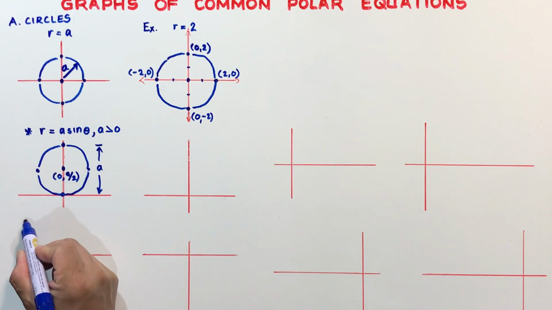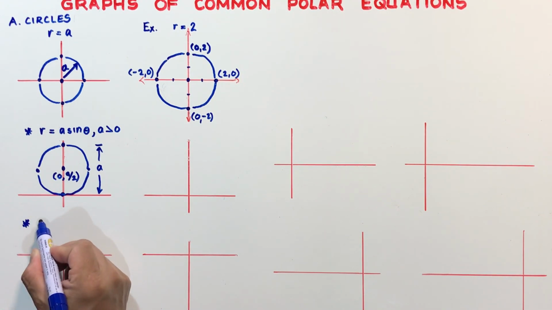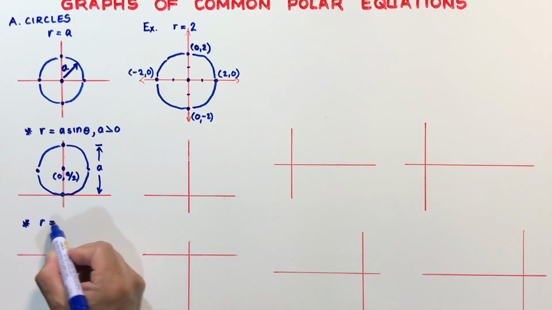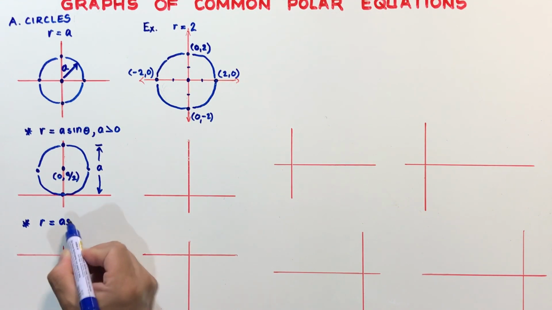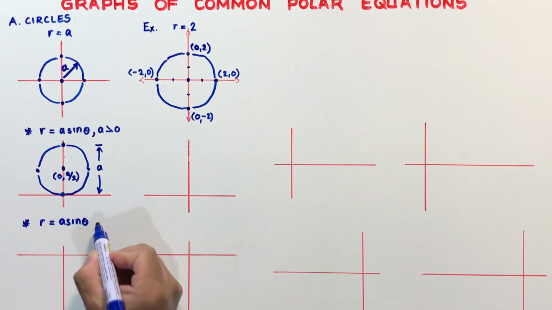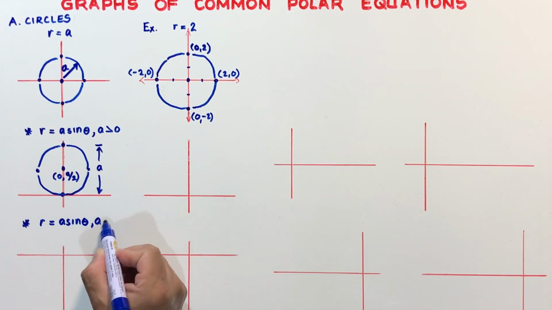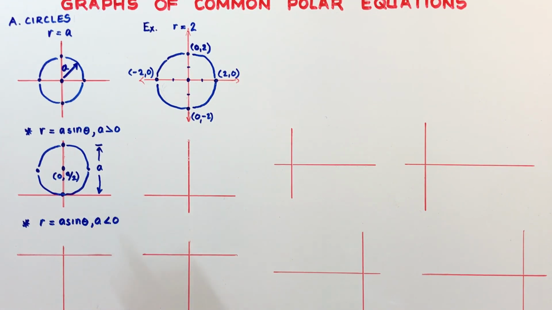If we have a polar equation wherein r = a sin θ, but the value of a is negative, which means it is less than 0, then the graph is still a circle with a diameter of a, but it is below the x-axis.